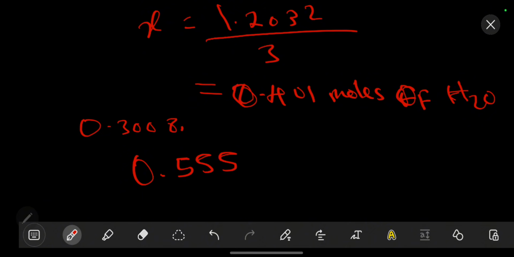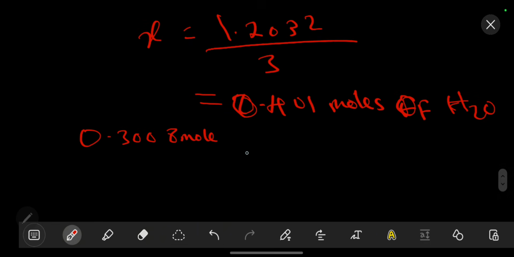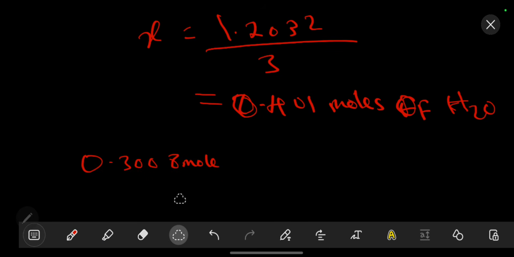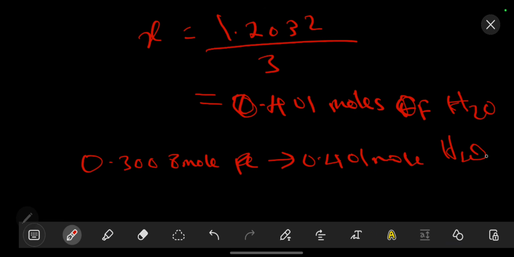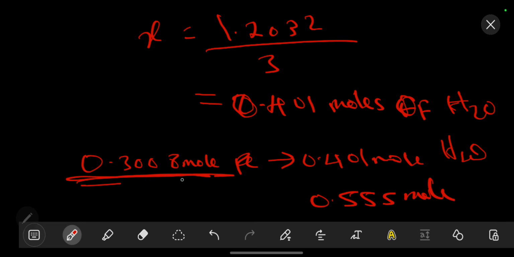Now, the limiting reagent tells you that the 0.3008 moles of the iron can only react with 0.401 moles of H2O. But remember, there is 0.555 moles. As long as all of this reacts with that, the reaction will stop.